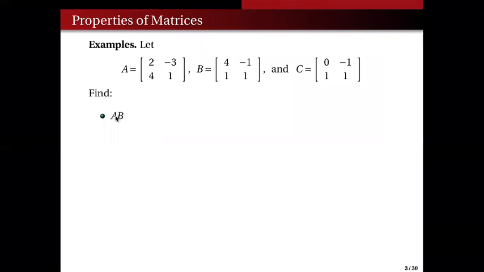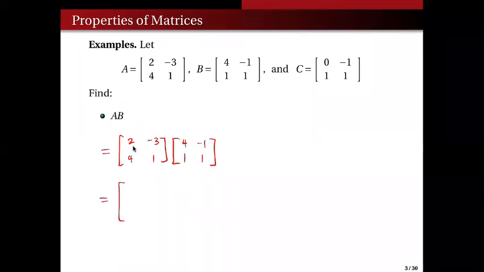So let's start. Let's find the product AB. So we will have 2, -3, 4, 1. You multiply this to the matrix B, you have 4, negative 1, 1, 1. So this is equal to.